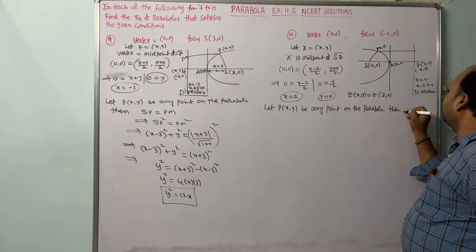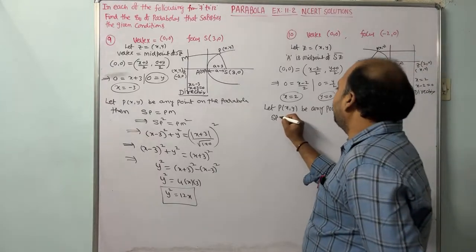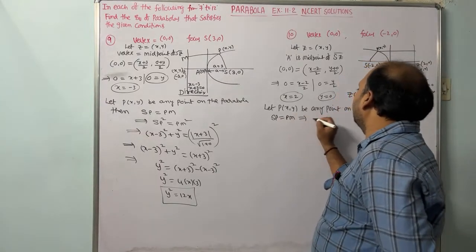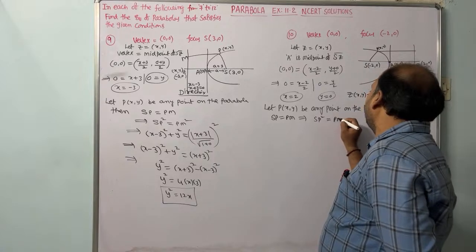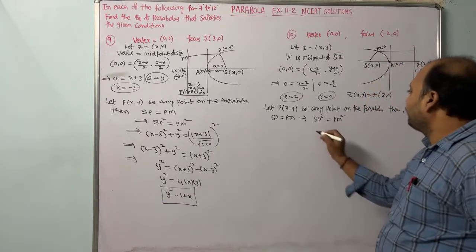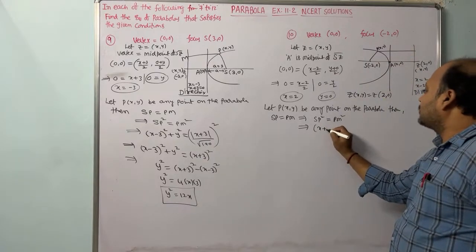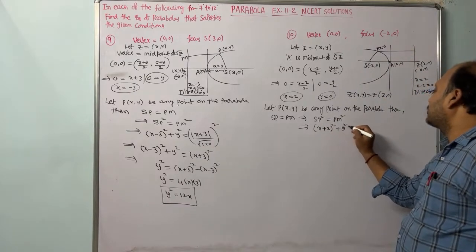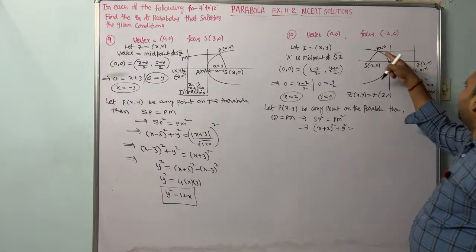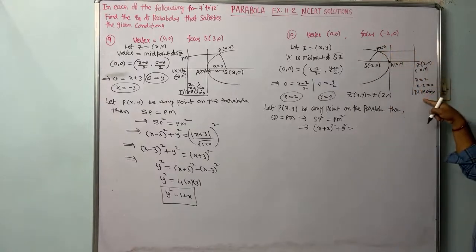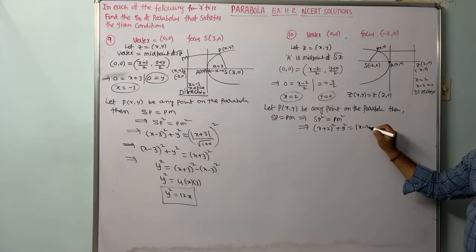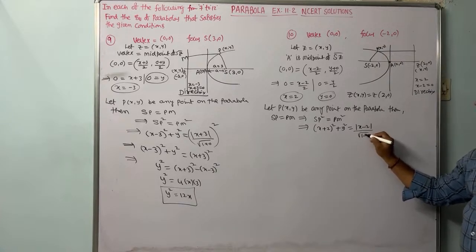Then we have SP is equal to PM. That implies SP square equal to PM square. So that implies SP square, x minus of minus 2 whole square plus y square, equal to the perpendicular distance from x comma y to this line, x minus 2 mod, x minus 2 whole square by root of 1 plus 0 whole square.